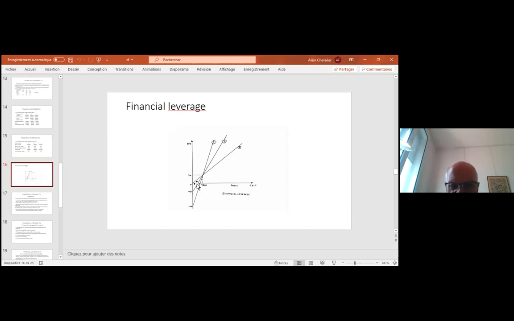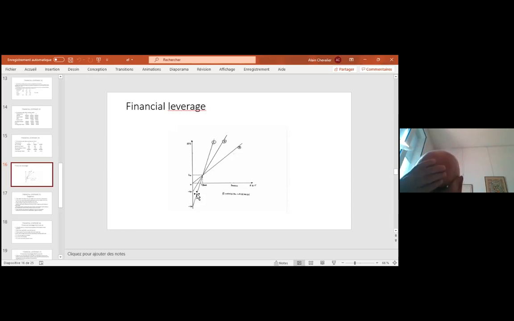Now, if you move to B, you understand that the earning per share is declining much quicker. And for some positive values of the EBIT, it means some positive returns of the operations, you get earning per share which are negative.